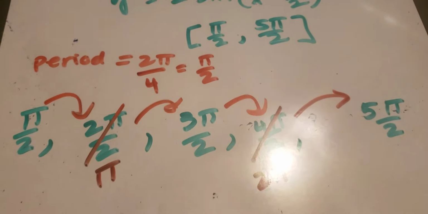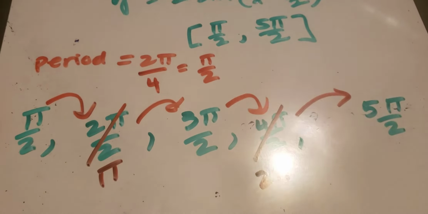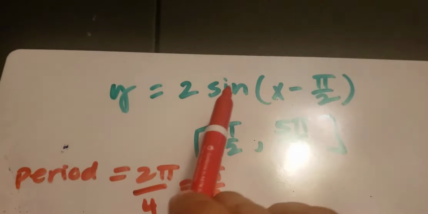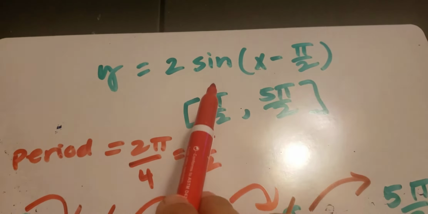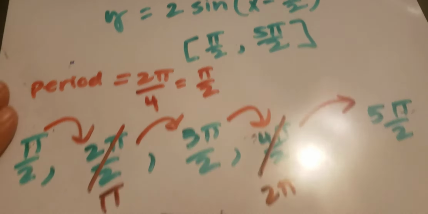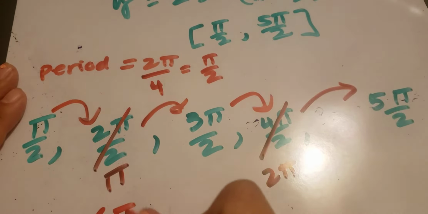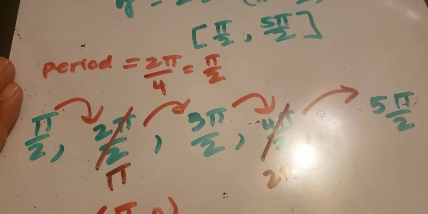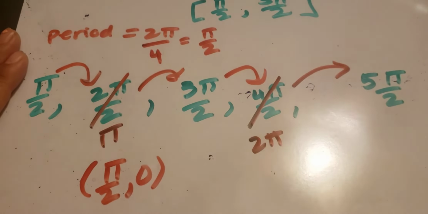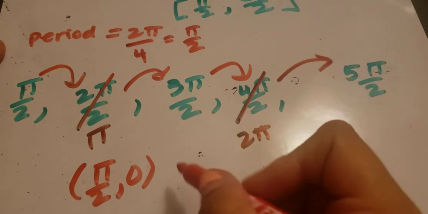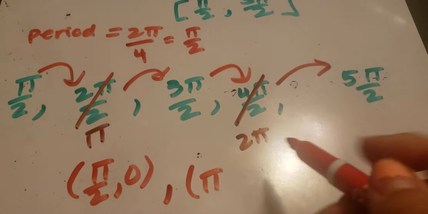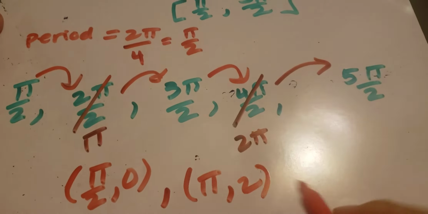So what are we actually plotting? Okay. So we're actually going to plot, remember this is sine, so we're going to plot pi over 2 and 0, okay? And then our next point is going to be pi and 2.